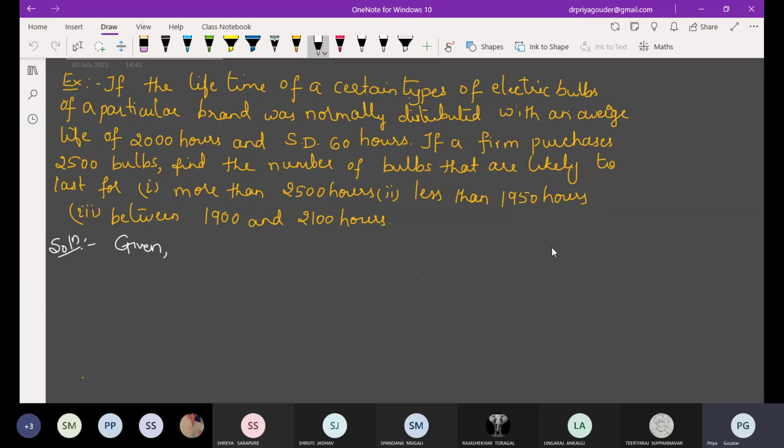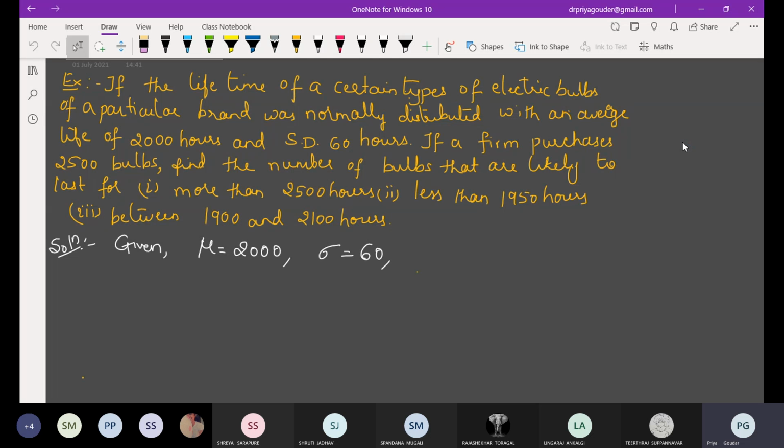With an average life of 2000 hours, what is this 2000 representing? For normal distribution, what are the required things? Mean and standard deviation, isn't it? So what is given here? Mu is 2000, standard deviation sigma is 60.